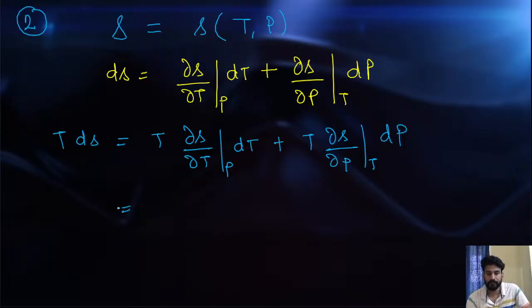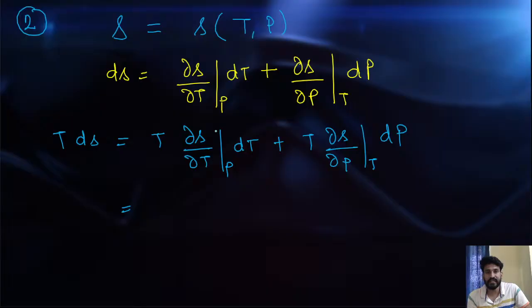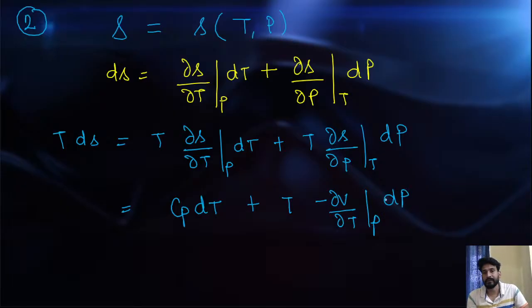Okay, done. Likewise, T del S over del T, keeping volume constant, is Cv, and T del S over del T, keeping pressure constant, is Cp. This is Cp dT, right? And del S over del P, keeping temperature constant, is minus del V over del T at constant pressure, and that is multiplied by dP.